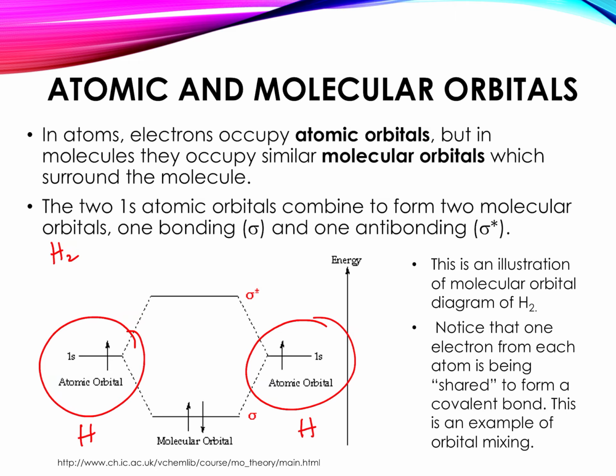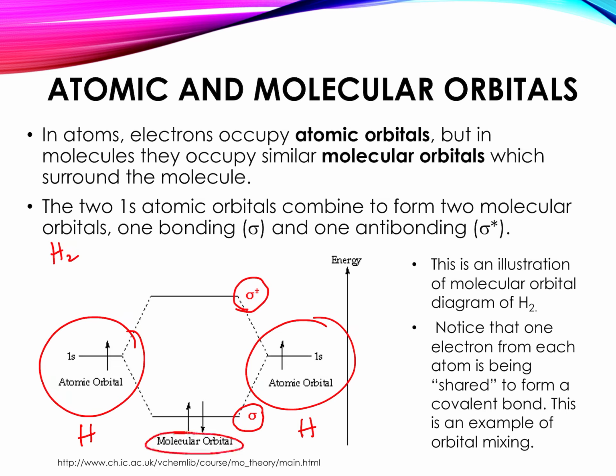The sigma is always going to be lower in energy than either one of the 1s. Bonding is a favorable interaction. So when our electrons come together to form a bond, that makes a lower energy molecular orbital. So the sigma molecular orbital will be lower in energy than the atomic orbitals.